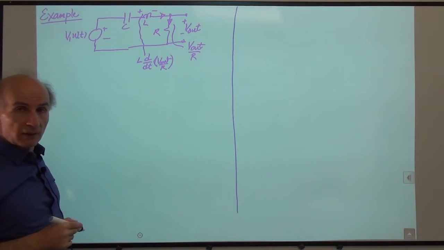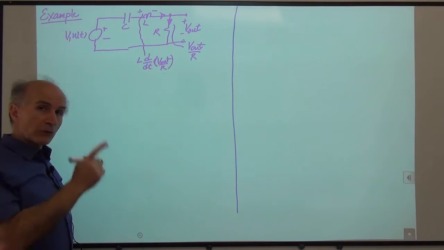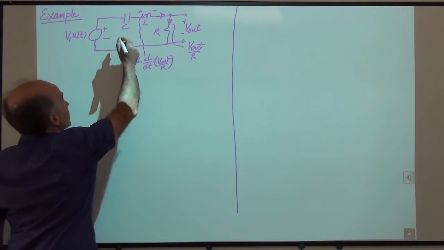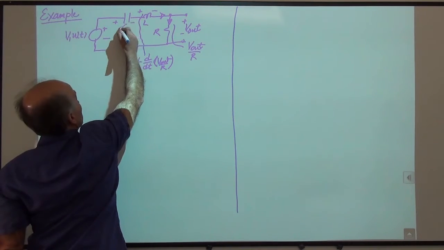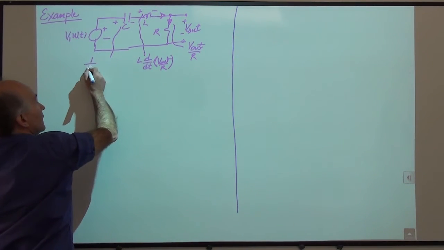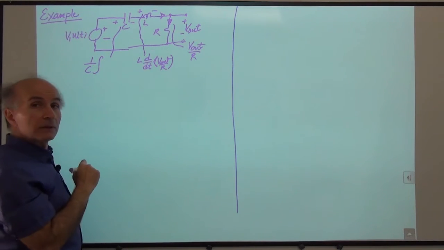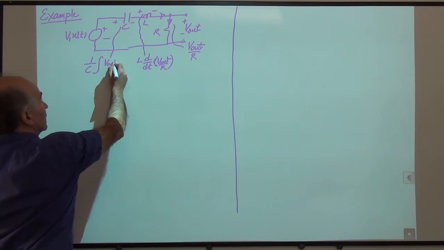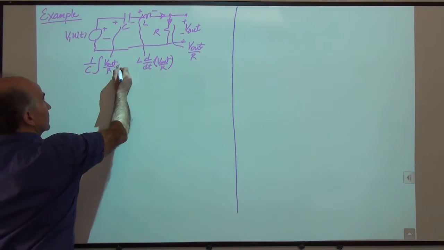So that's the voltage across the inductor. You also need the voltage across the cap because I'm trying to write a KVL. So the voltage across the cap, we know, is given by 1 over C integral of the current through it. The current through it is V out over R, V out over R dt.